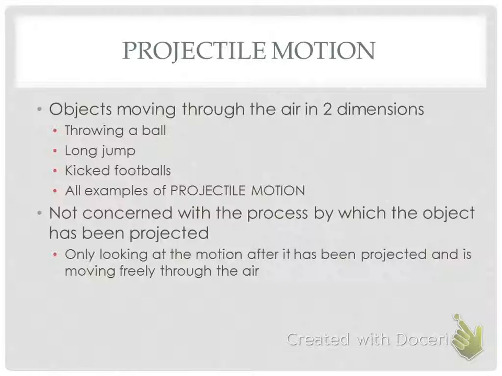So if something is moving freely through the air, what do we know about free falling objects and their acceleration? What do we know about the acceleration of a free falling object? Negative 9.8. The vertical acceleration of an object is negative 9.8 meters per second squared.